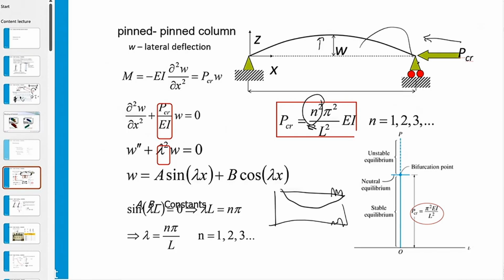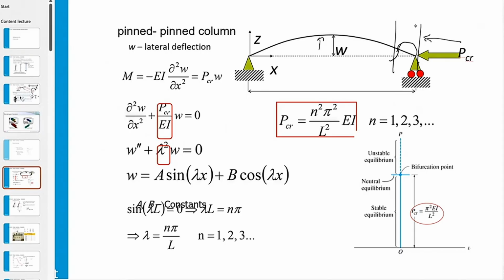If you do it faster, you can get the higher buckling modes as well. That's the same with beams, of course, and that has to do with the amount of mass. A higher buckling mode, if it only buckles here, has a much lower mass component than if the full beam needs to deflect. But if we do it slowly, in general, the lowest buckling mode is the most critical one.